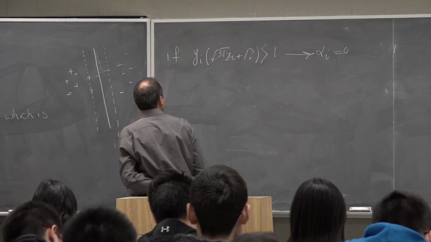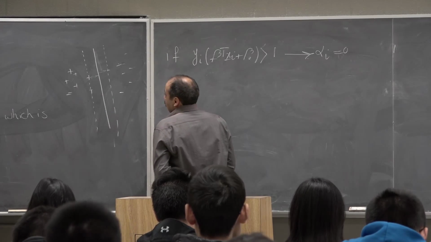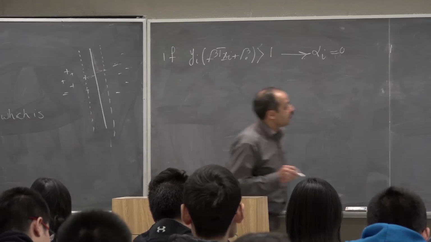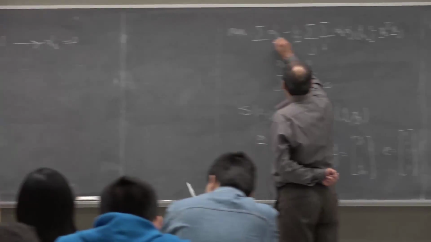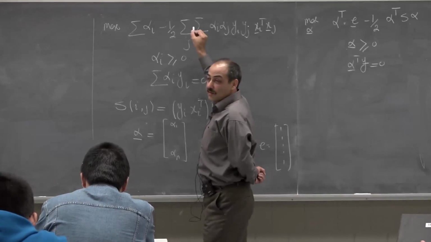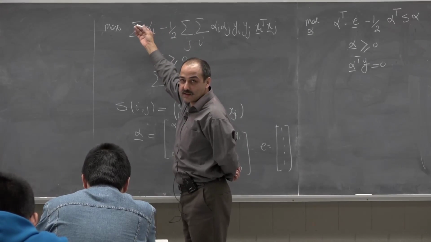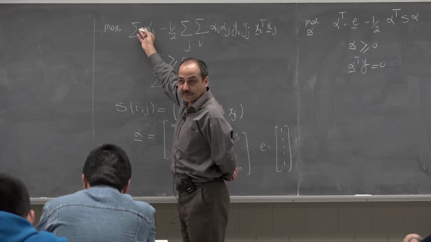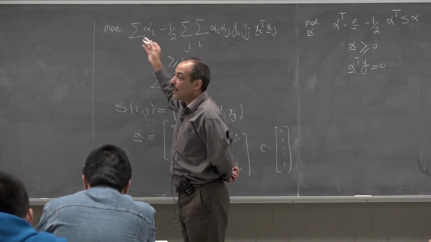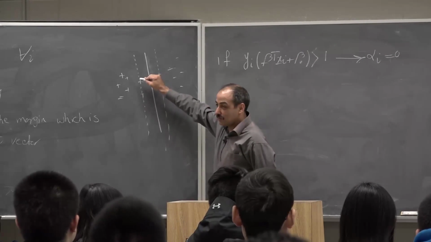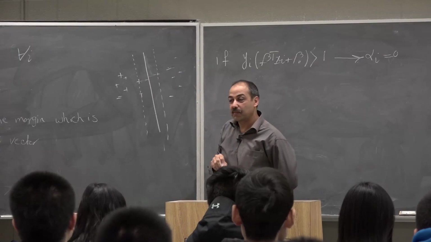Now, think about the optimization problem that we're solving, we're maximizing this. The solution that we're going to compute at the end is a very sparse solution. Alpha is 0 for any point that's not on the margin, and is non-zero only for points that are on the margin.